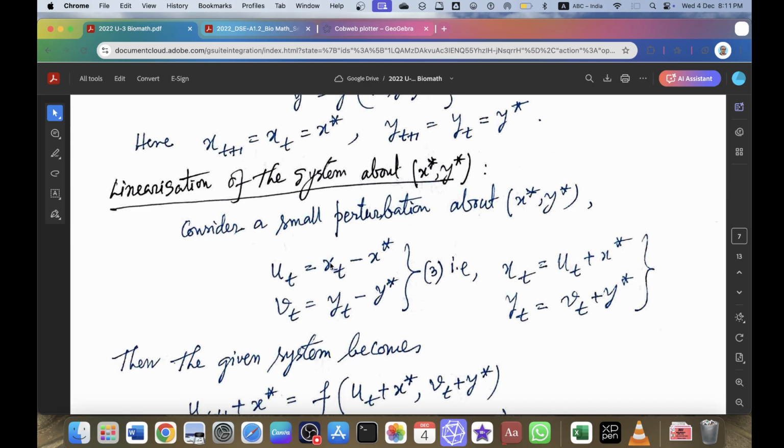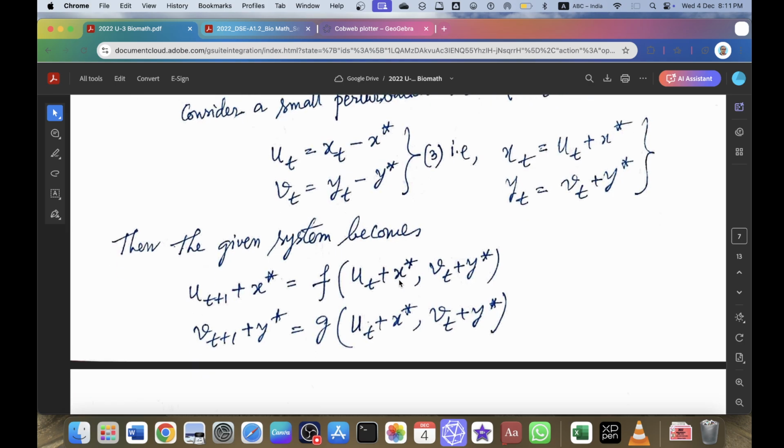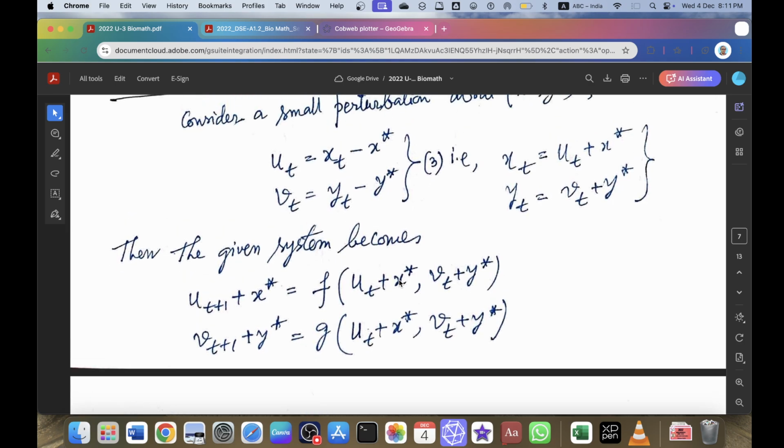That is, xn equals un plus x star, yn equals vn plus y star. Then the given system becomes u(n+1) plus x star equals f(un plus x star, vn plus y star), v(n+1) plus y star equals g(un plus x star, vn plus y star).